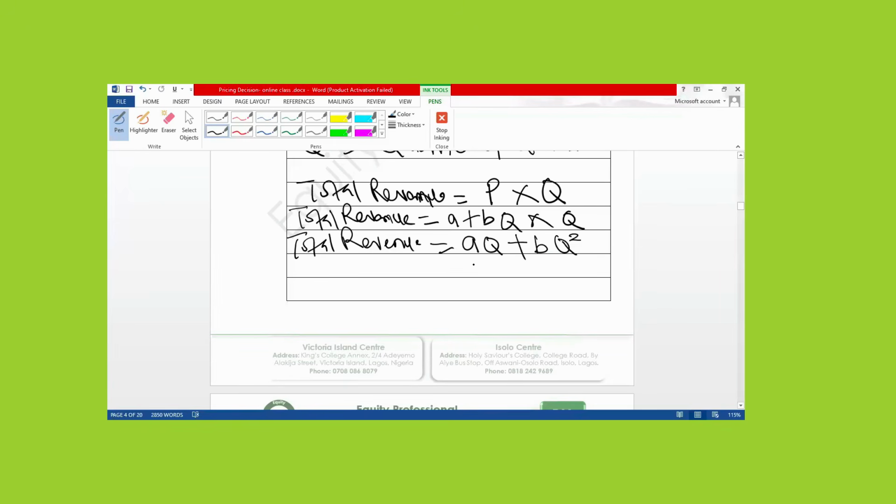From this equation, you can get your marginal revenue.